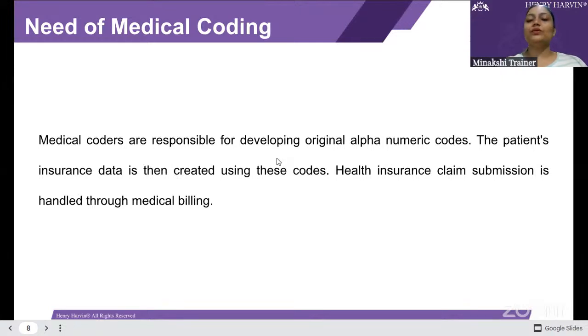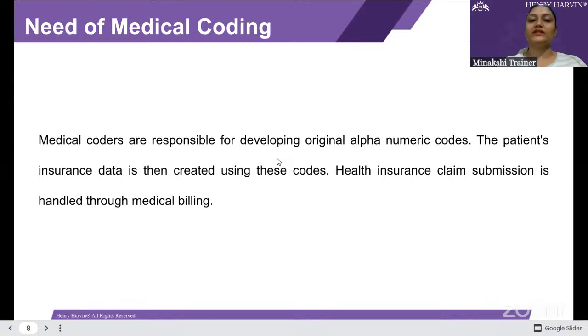That's why coding came into existence. Once the lengthy report is converted to codes and submitted to the insurance company, it is very easy for them to understand the report and make the payment process easier and faster. So why do we need coding? To make the payment process easier and faster, medical coding is very, very important.